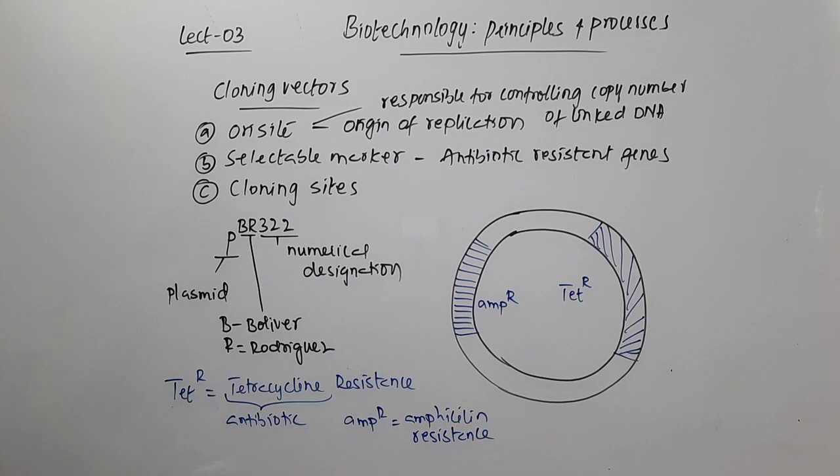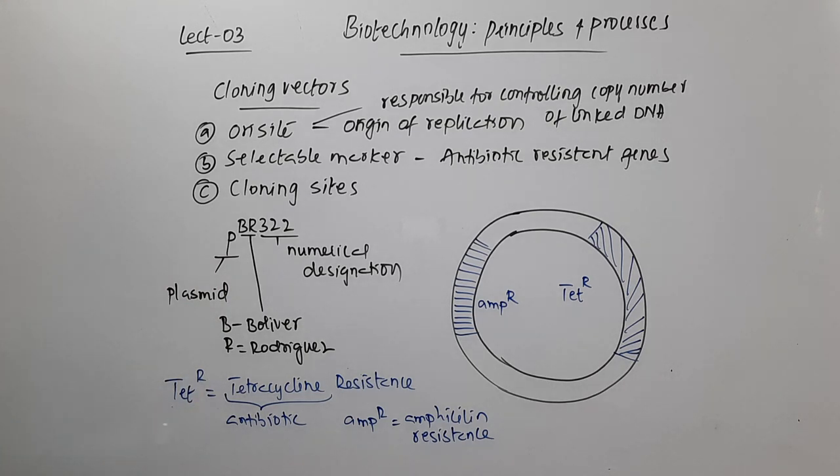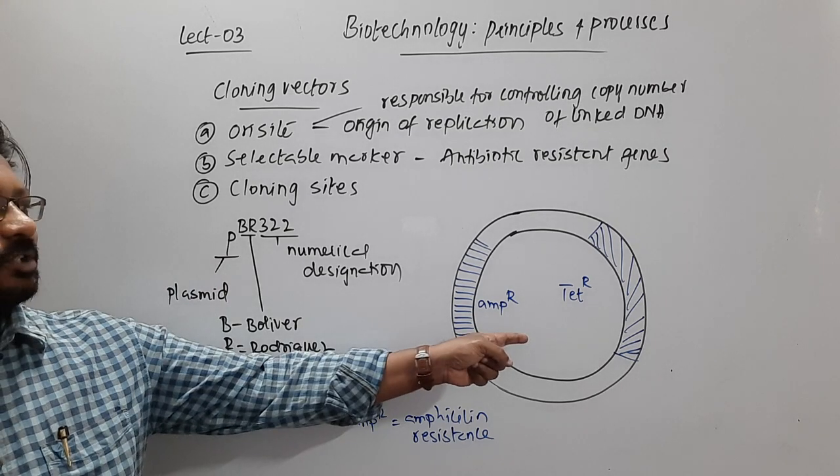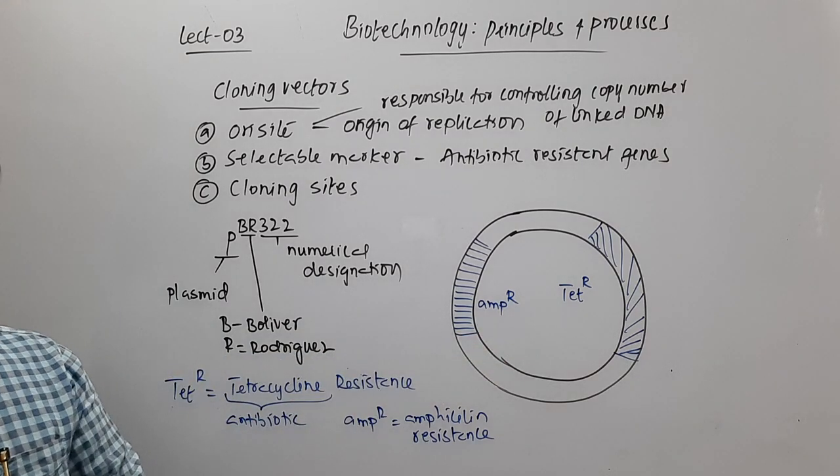So these two will be the selectable markers in the case of pBR322. Of course, you can use other antibiotic resistance genes, for example kanamycin resistance and chloramphenicol resistance. But in the case of pBR322, the scientists have made it in such a way that it has only two selectable markers.